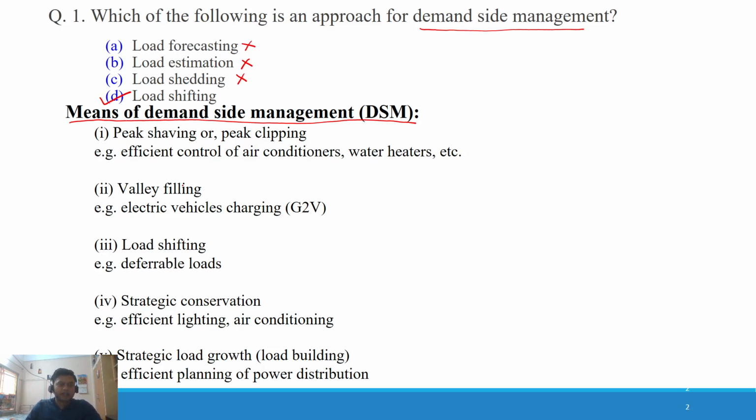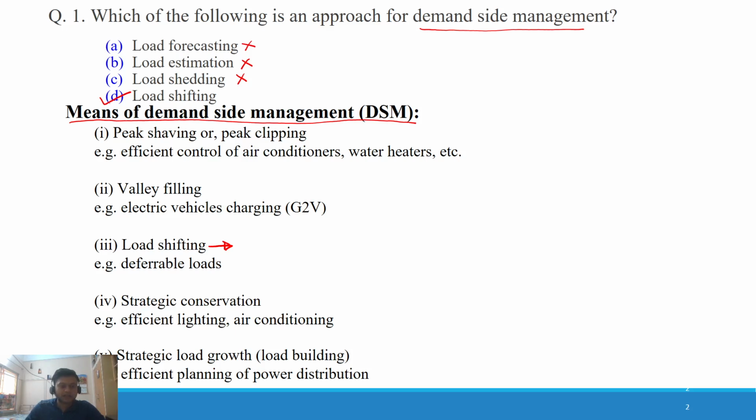In load shifting, if we want to write some points, we shift the power demand from the peak hours to off peak hours. So there is a change in the peak demand, but there is no change in total energy consumption.